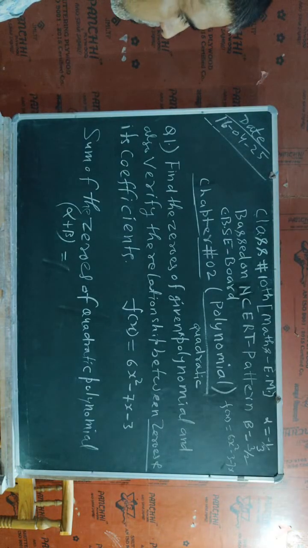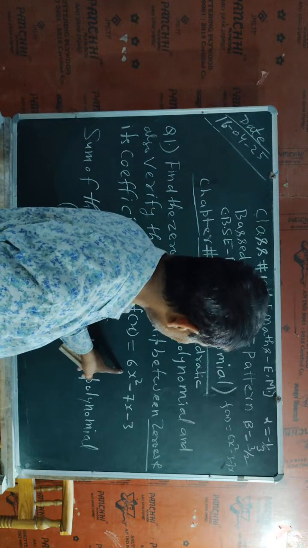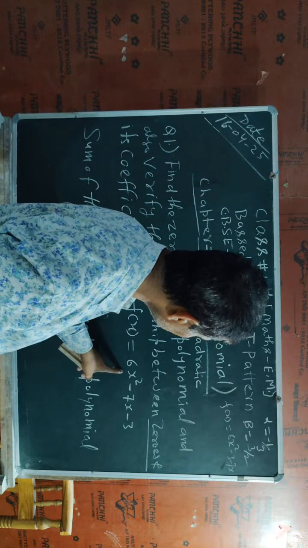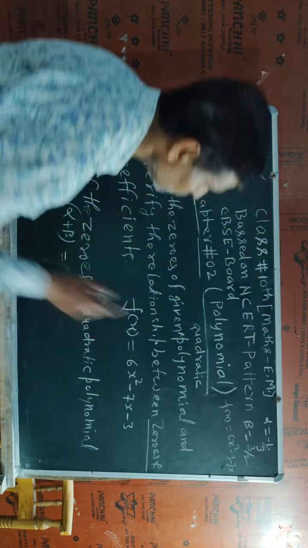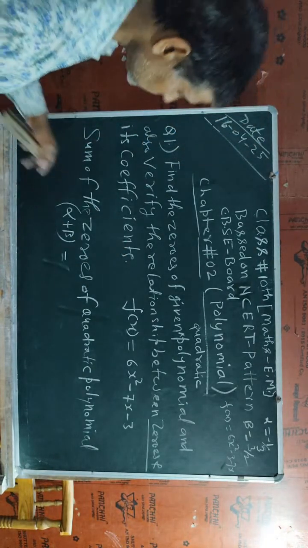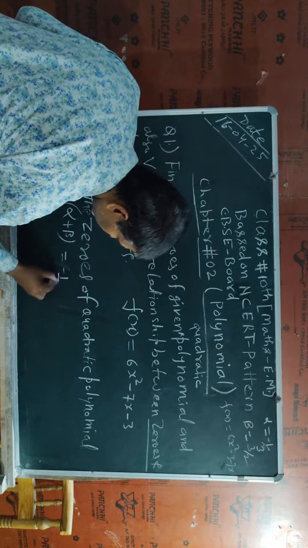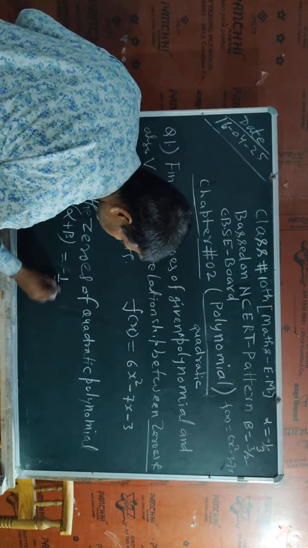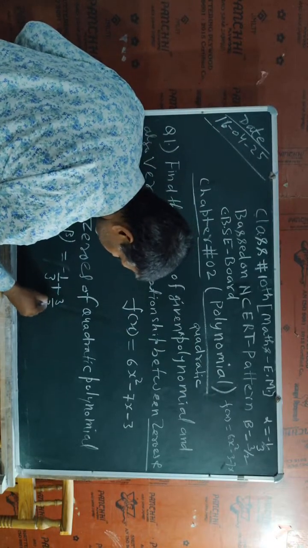Already I have written it. So I am calculating the sum of alpha and beta: minus 1 by 3 plus 3 divided by 2.